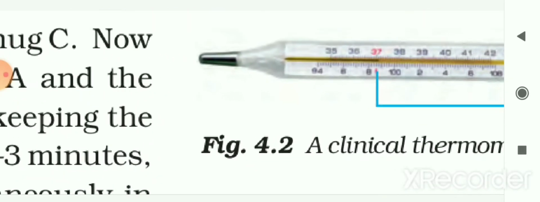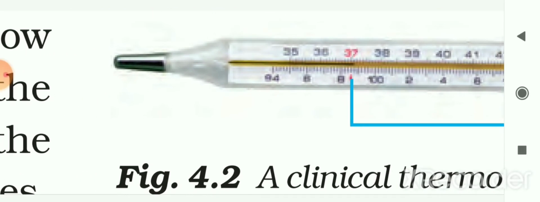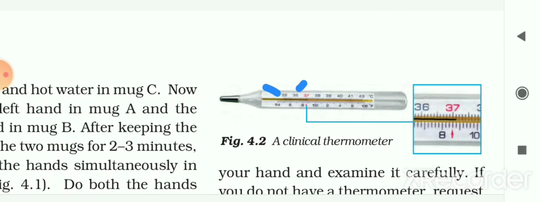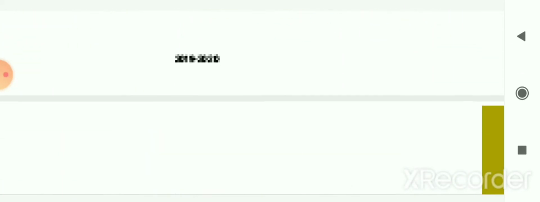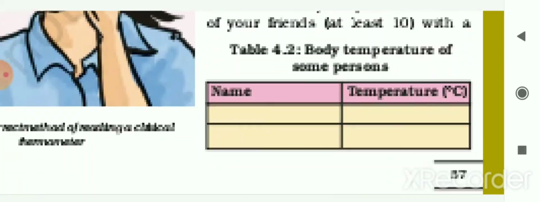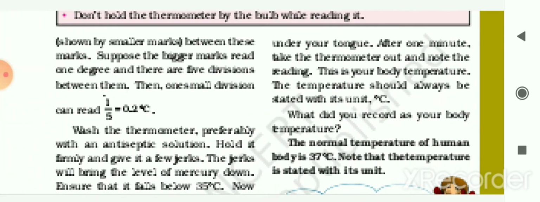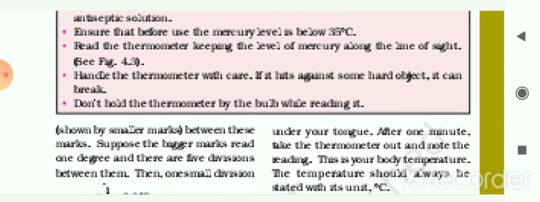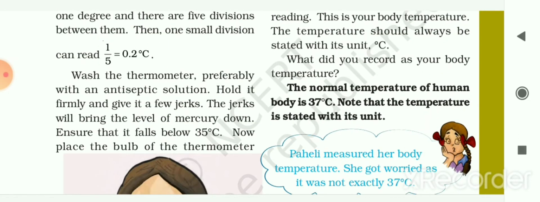As here in the thermometer, between the two bigger marks 35 and 36, the difference is 1 degree Celsius, and there are 5 small divisions between them, so each small division will represent 0.2 degrees Celsius, or 1 by 5 degrees Celsius.